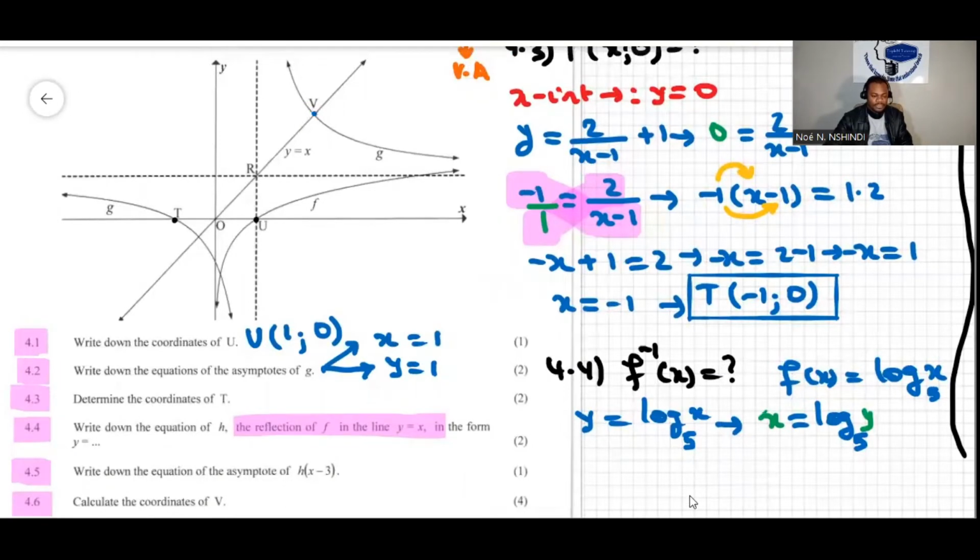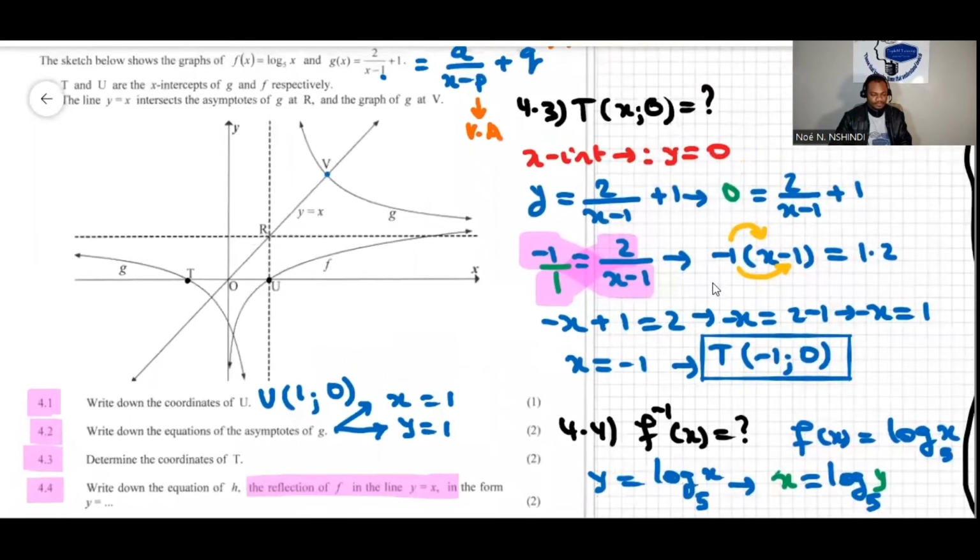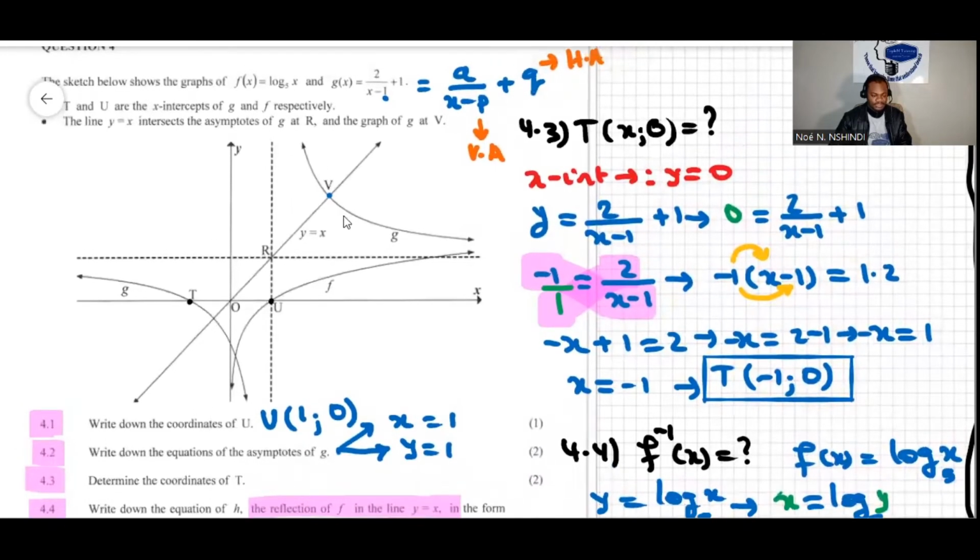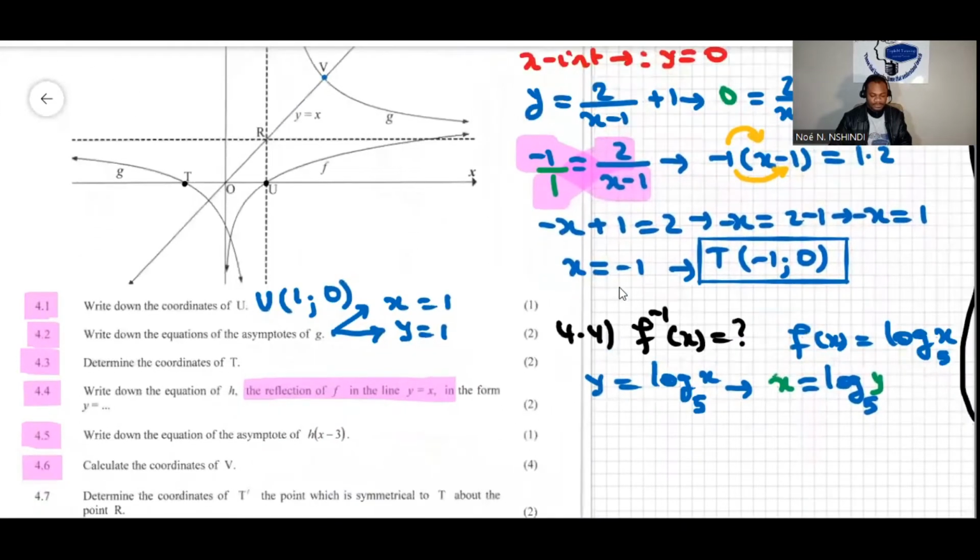V is over there. So we need to find the coordinates of V. V is the intersection of the two graphs, g and the line y equal x. This is g, and this line is the line y equal x, correct? So now let's find V.